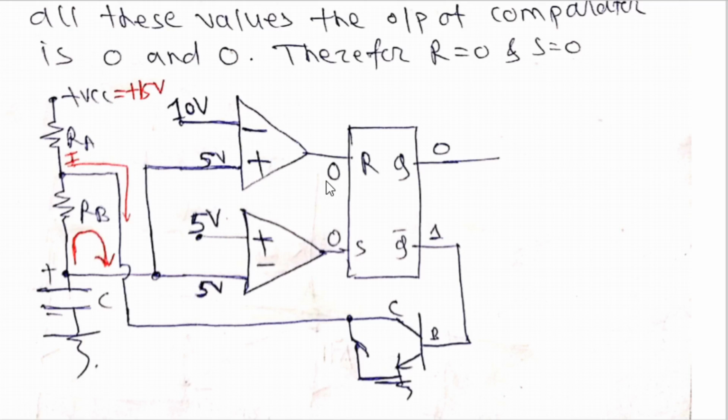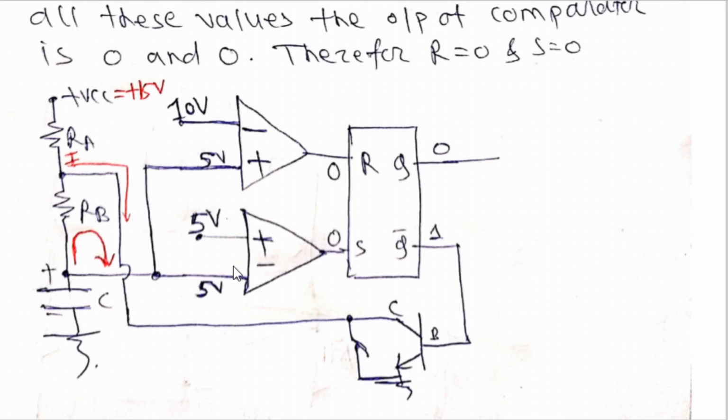But again, remember, as I told you, when both inputs of the flip-flop are 0, 0, the output of the flip-flop will latch to the previous state. Means the output Q will continue to be 0 because earlier it was 0. And in this way, even though the voltage at the positive pin of the upper comparator as well as the voltage at the negative pin of the lower comparator goes below 10 volt, the output of the upper comparator is 0.